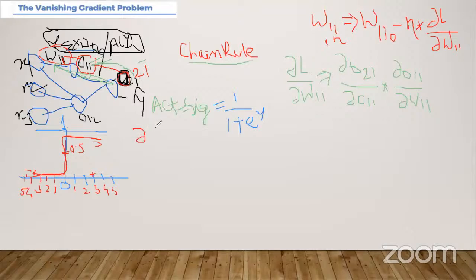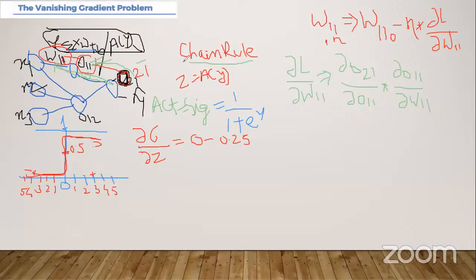If I try to take the derivative of the sigmoid function with respect to z, because I am considering z as the activation function's input y, then whenever I take the derivative, it will always lie between 0 and 0.25. Not just from a theoretical perspective, guys, try to understand it from a practical perspective also.